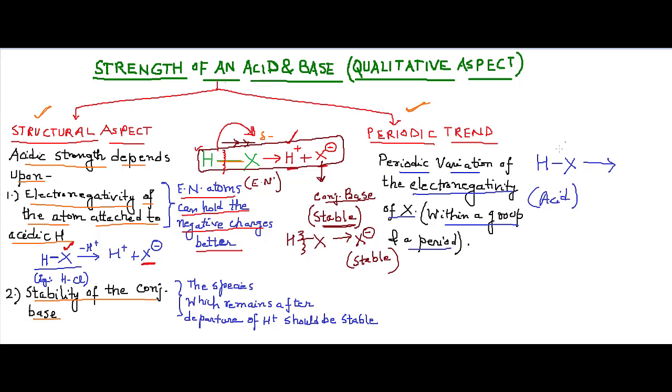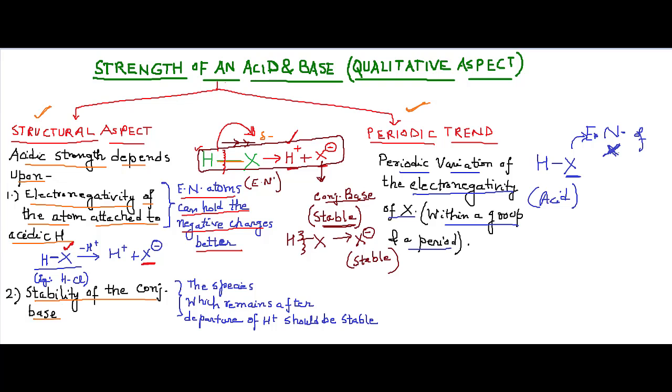So we will discuss the electronegativity, EN, of X. That is an important factor, how it varies within a period and in a group. So the periodic trend of the variation of the electronegativity of this atom X is also a very important factor to decide the strength of an acid.